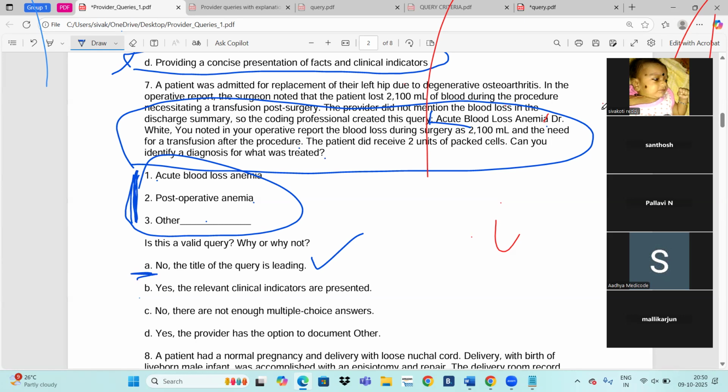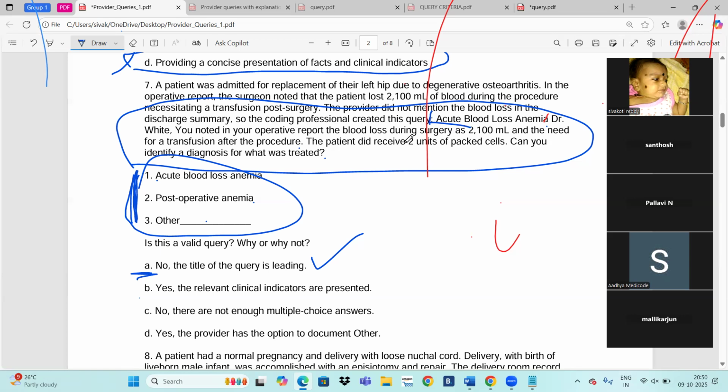Clear? So can you explain this once again? Listen. They raised the query template: patient has acute blood loss anemia, are you treating or not? They gave it directly based on the indicators, and mentioned acute blood loss anemia. The coding professional created this query for acute blood loss anemia.